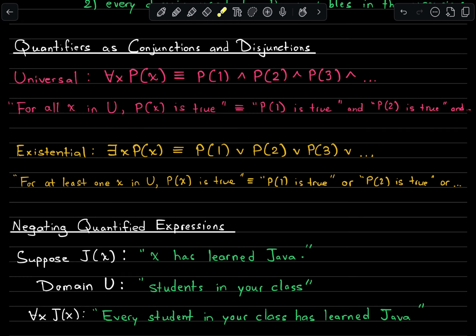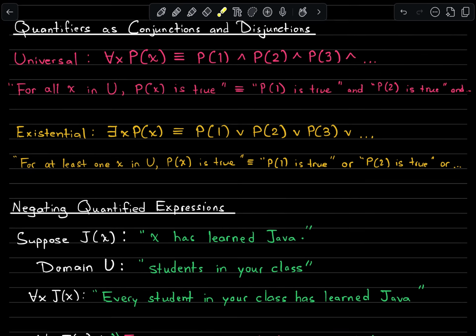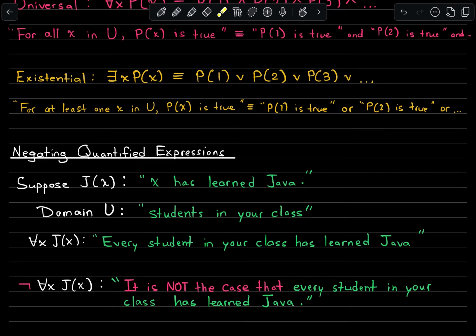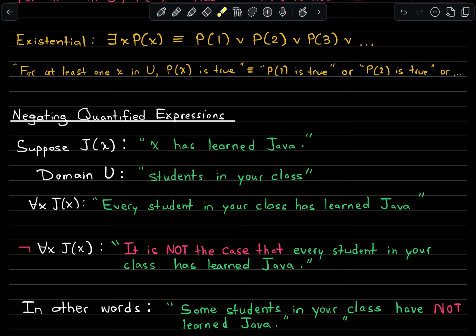Okay, so for all x, J of x is going to translate to every student in your class, that's your entire domain, has learned Java. Now what happens if we put a negation in front of that whole thing? This is going to mean it is not the case that every student in your class has learned Java. Okay, in other words, some students have not learned Java.